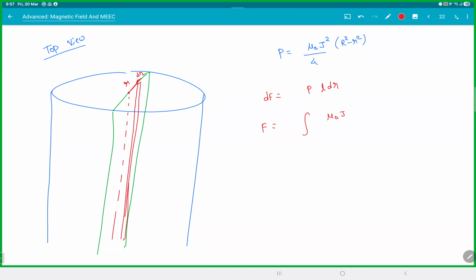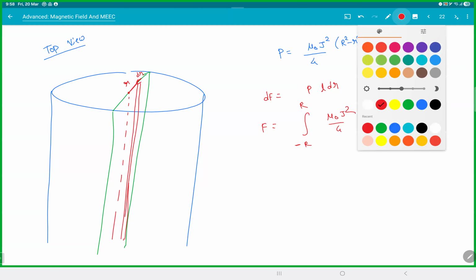So mu naught J square by 4 (R square minus r square) L dr. Limits will go from minus R to plus R. Clear with this? Because the pressure is varying radially, you can just take a half cross section and find the force on that entire green thing. You will get it.